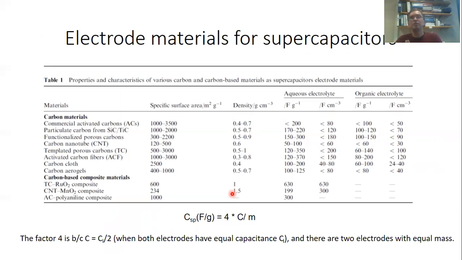So we can distinguish between supercapacitors that use aqueous electrolytes and supercapacitors that use organic electrolytes. The aqueous capacitors have the advantage that water has a very high dielectric constant, a higher dielectric constant in comparison to organic electrolytes.